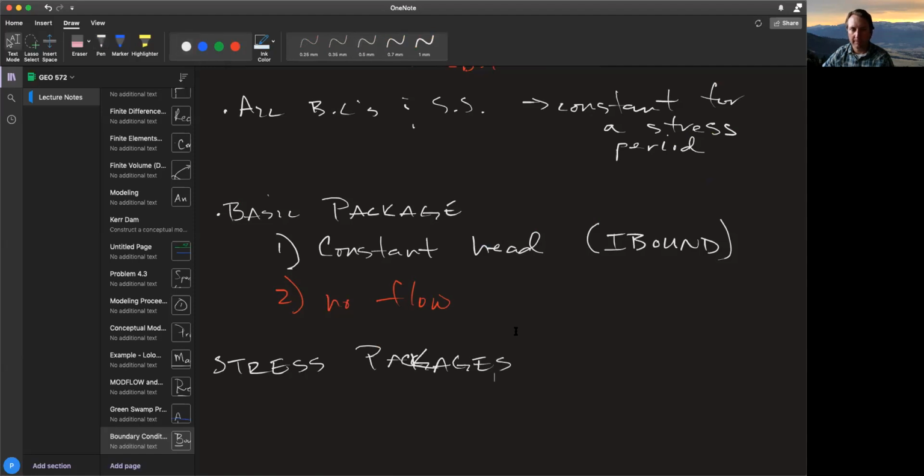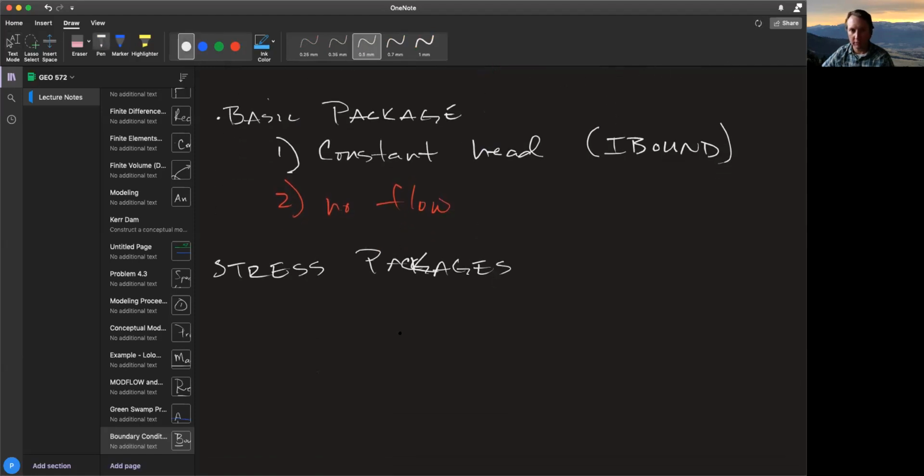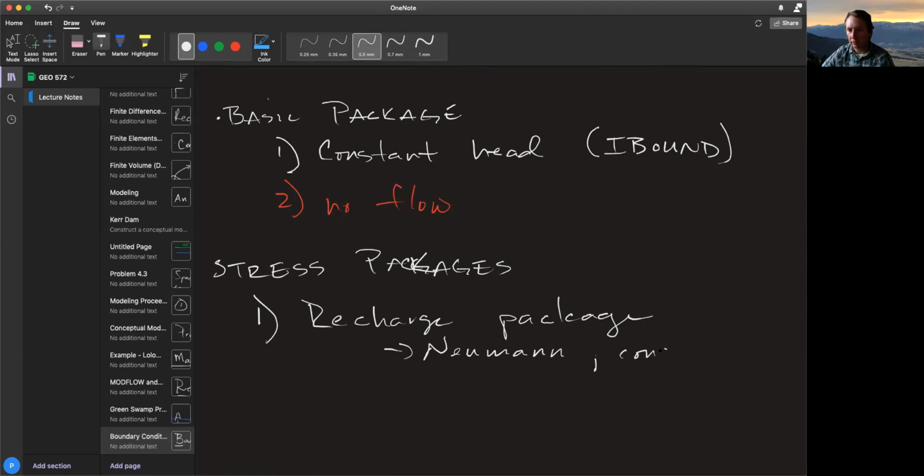The first one we're going to talk about deals with our top boundary, and that is the recharge package. The recharge package is basically a Neumann boundary condition. It's a specified or constant flux. I'm going to say that because it is constant for a stress period.